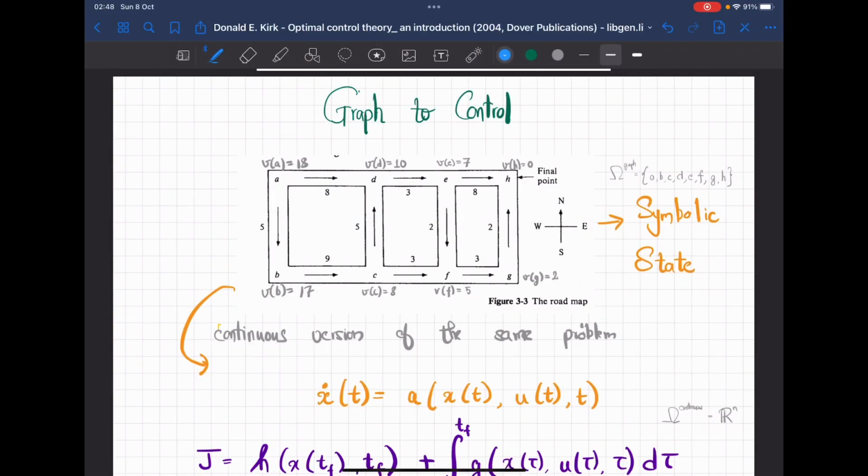So now we're gonna cover the aspect which connects the graph problem to the control problem.